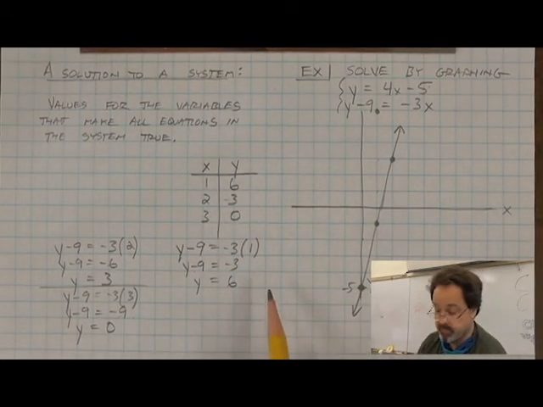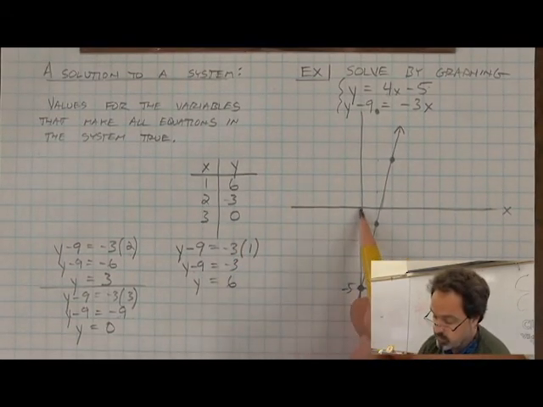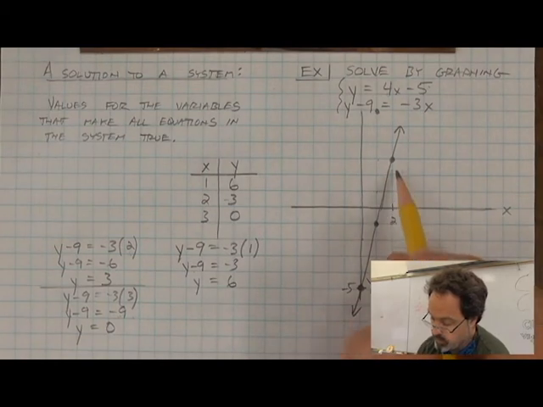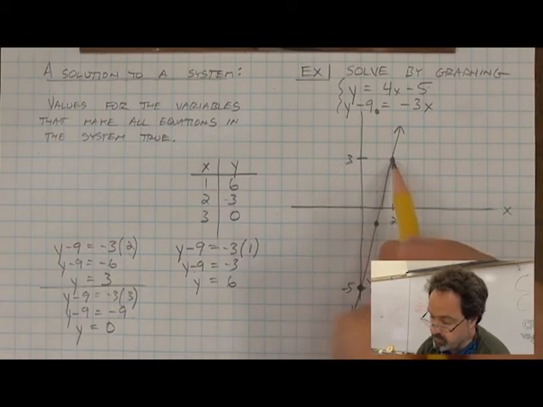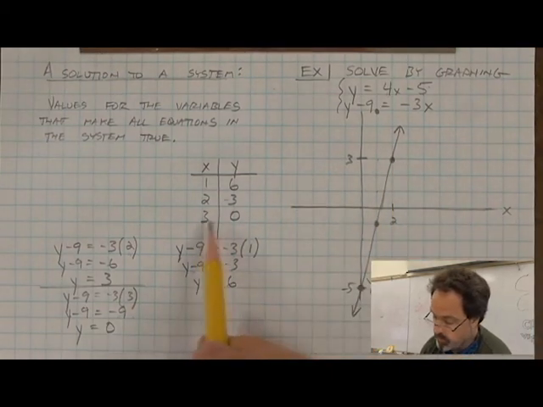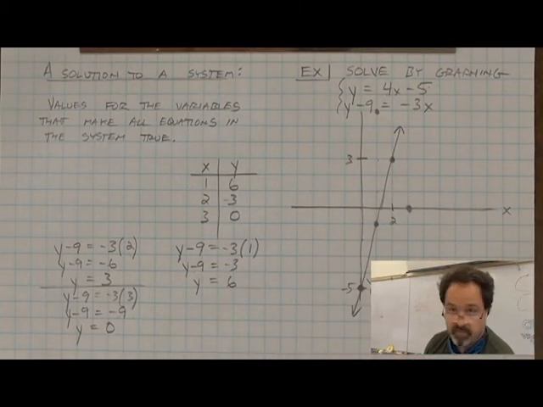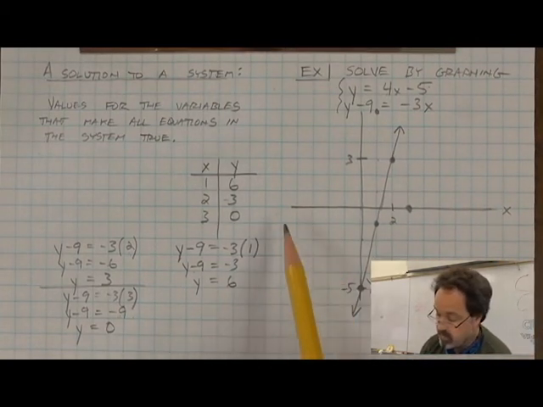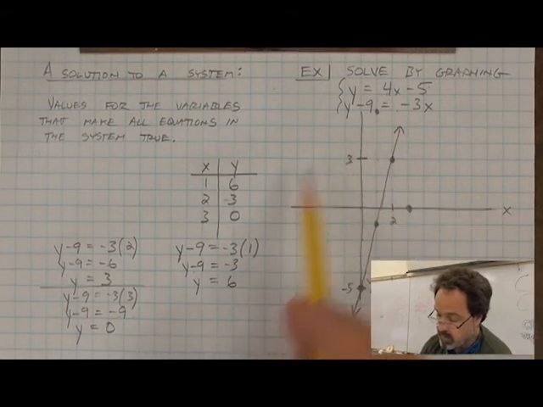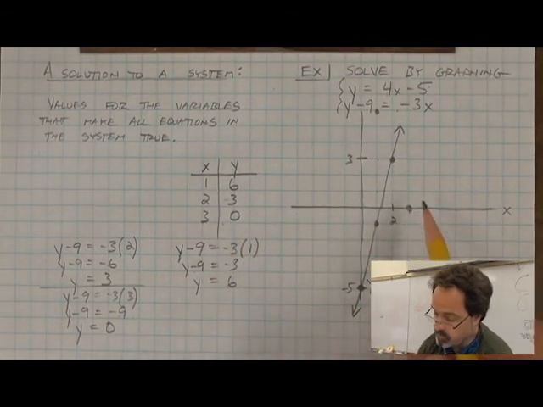I've got 2 more points to plot. The point 2, 3 is that point right there, which I've already graphed on the other line, and the point 3, 0. 3, and then 0 means that I stay on the x-axis. I used the second equation. I made a t-table. I plotted some points.